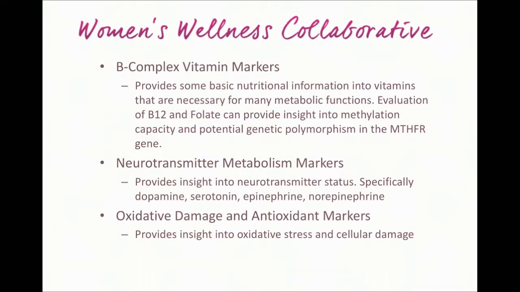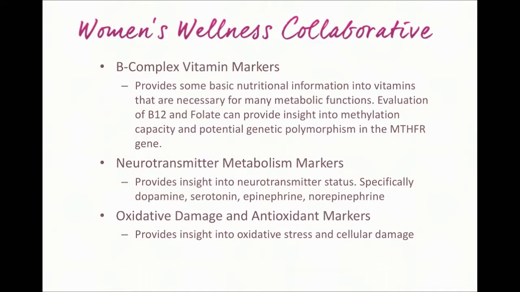And so if there are abnormalities in the B12 and folate levels, it might indicate genetic polymorphisms in the MTHFR gene, which some of you have probably heard about. And so if that's the case, then people are genetically predisposed to having poor detoxification capacity. So that's a great thing to know about and to be able to support.